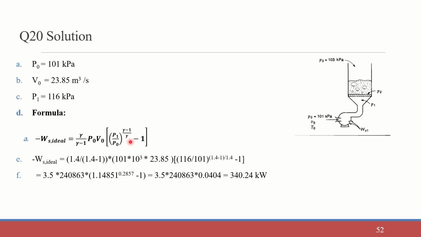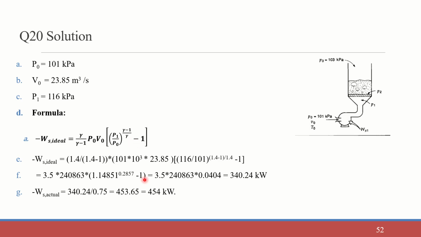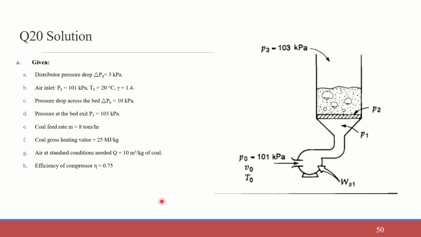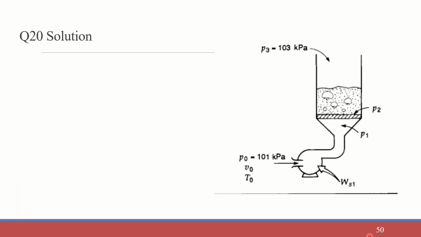So we divide the ideal power requirement by the compressor efficiency, which gives us 454 kilowatt. So that is the answer, also 455 kilowatt, for calculating the compressor power requirement to run an atmospheric fluidized bed coal combustor. So now we got the values.